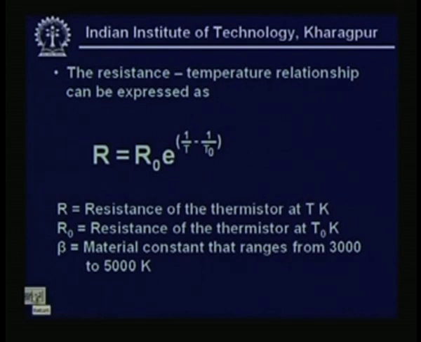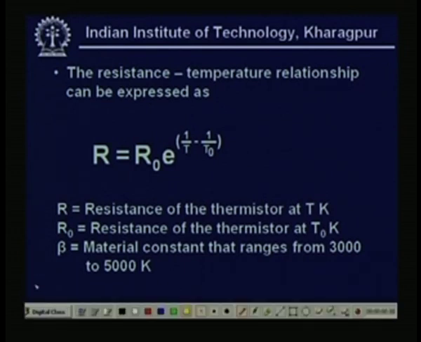I am sorry, there is a mistake: it will be beta multiplied by 1 by T minus 1 by T naught, because the exponent should be a unitless quantity.